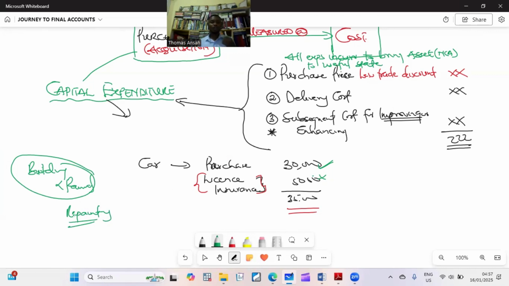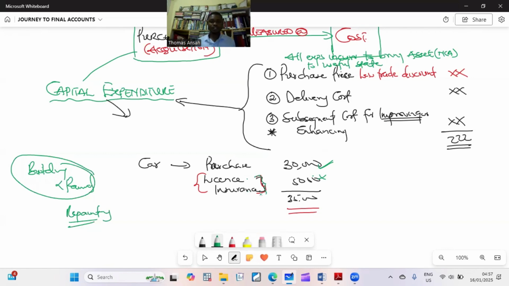You will have to treat it as a revenue expenditure. All right. So that is that. And the subsequent license that you are doing doesn't improve the car. The insurance will not improve the car. All right. But if it were supposed to improve the car, like we talked about changing an engine, then it will be part of the cost of the asset.